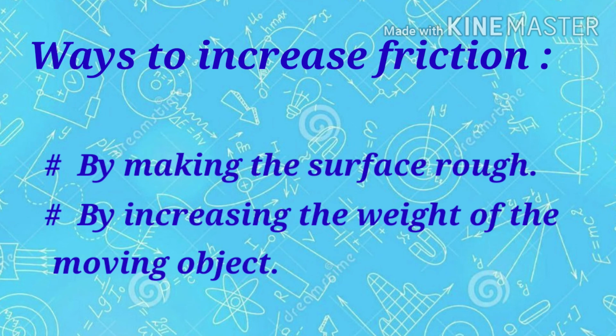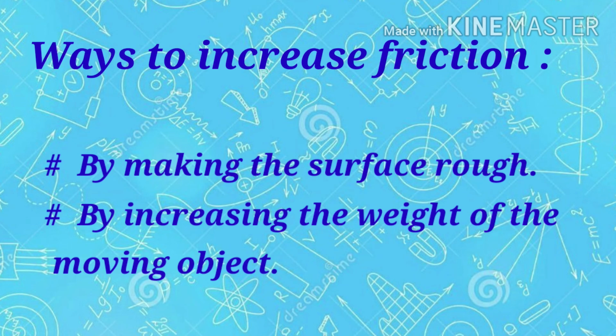Special designs or threads are made on the tires of vehicles to increase the friction between the tire and the road so that they do not skid while traveling. And the second one, by increasing the weight of the moving object.